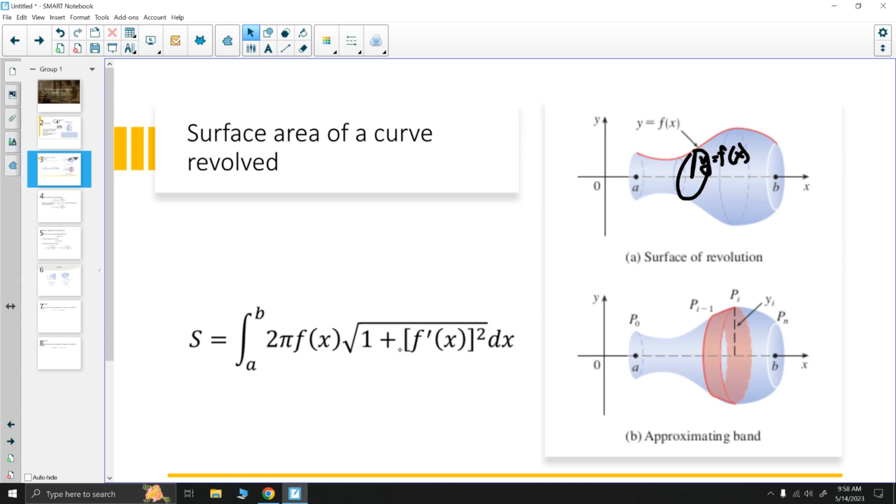A big thing you need to keep in mind is that whether we call it f of x or y is going to depend on what we're integrating with respect to. If we were integrating with respect to y, then we would have a dy, and rather than call it f of x, we'd probably just call it y. Then we'd want to take the derivative with respect to y, so that we get a function in terms of y as well, so it's all y's.